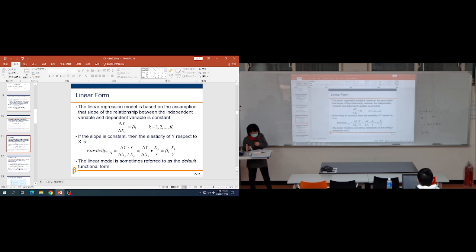And if we take the natural log of y and the linear form of x, the explanation changes: if x increases by 1 unit, then y will change by 100 times beta 1%. Understand what I'm saying here?